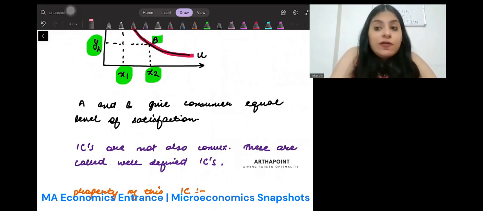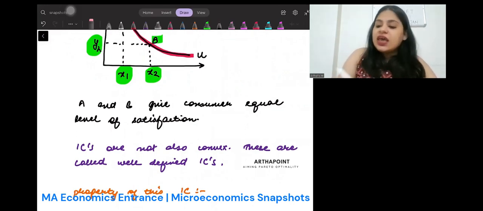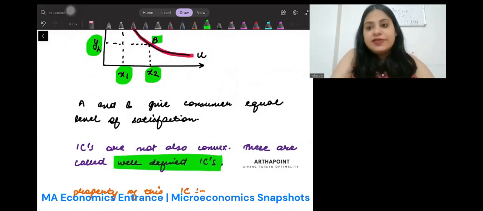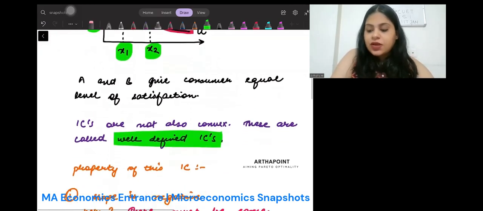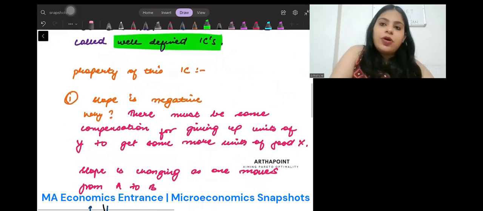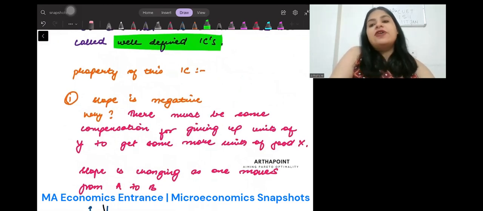But these convex ICs are called well-defined indifference curves. There are certain properties of these ICs, and the most important one is that they have a negative and diminishing slope. Let us try to understand why.